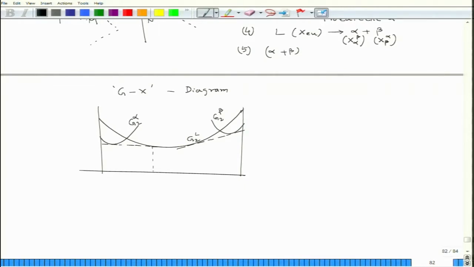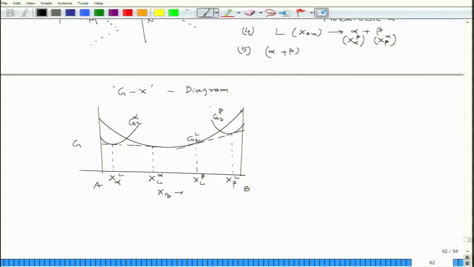So, this composition is X liquid in equilibrium with alpha and this composition is X alpha in equilibrium with liquid. This composition is X liquid in equilibrium with beta and this composition is X beta in equilibrium with liquid, and this is G, this is XB, and this is A on one end and B on the other.